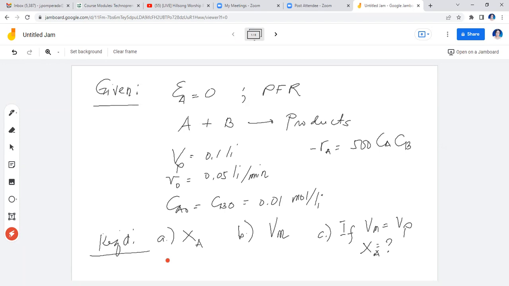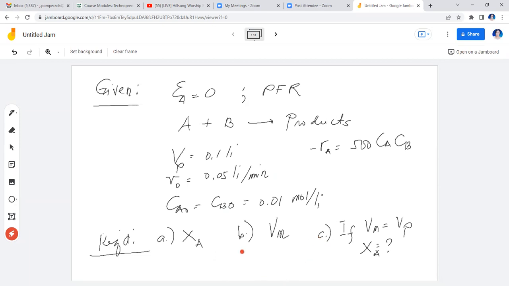Now, the required information are as follows. You are to determine the fractional conversion in the PFR, in the original reactor. And letter B, you are to determine the volume of the mixed flow reactor that will accomplish the same degree of conversion in the PFR.